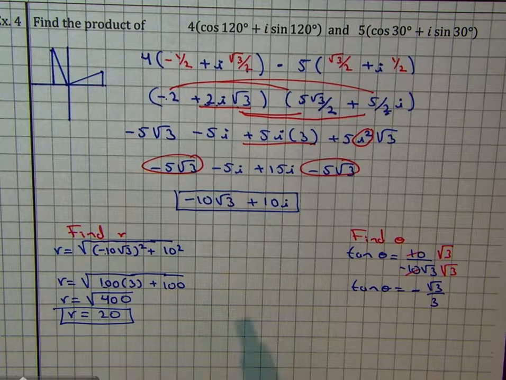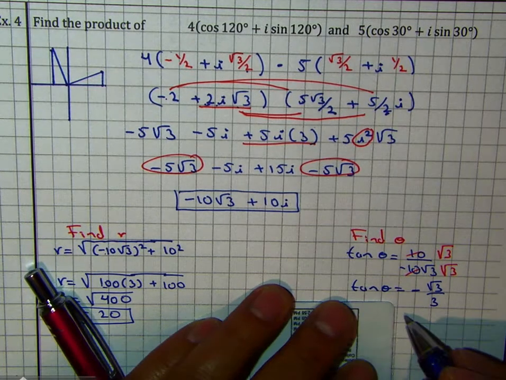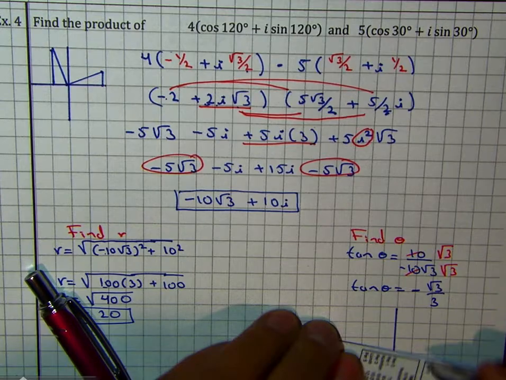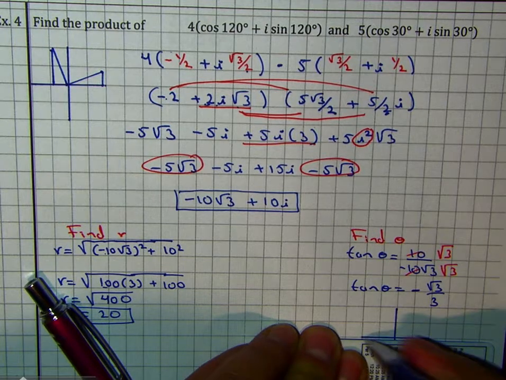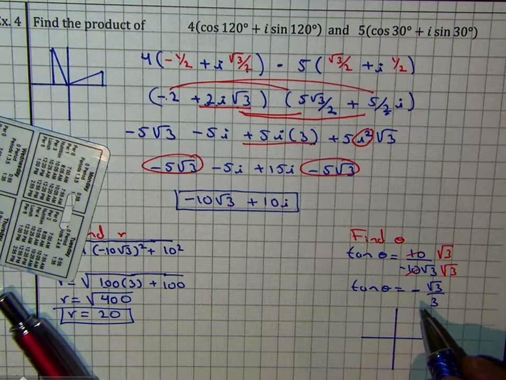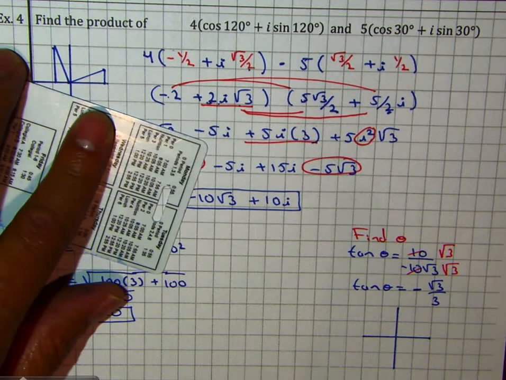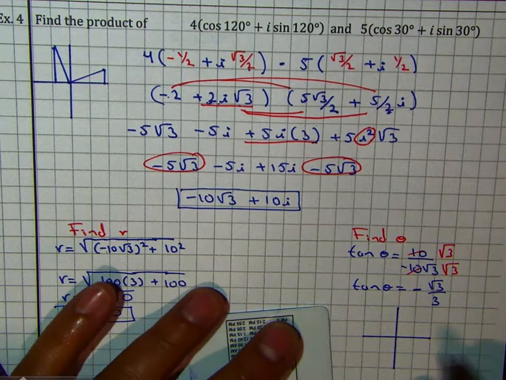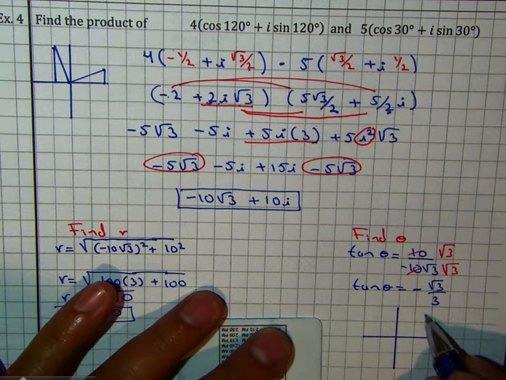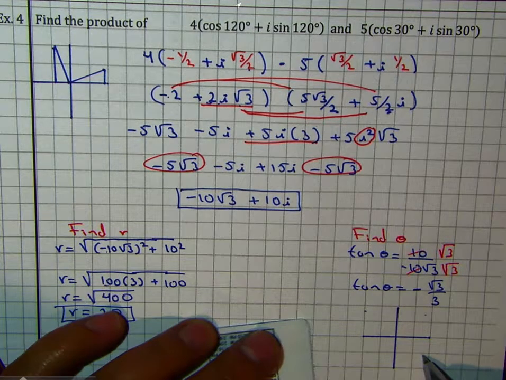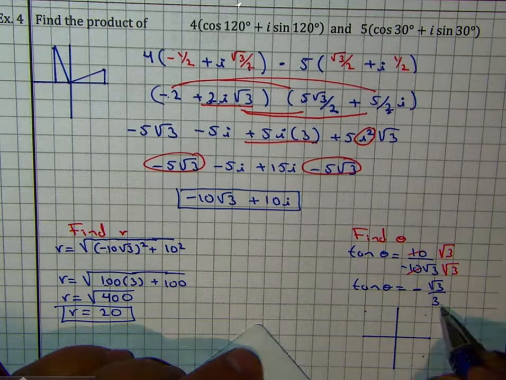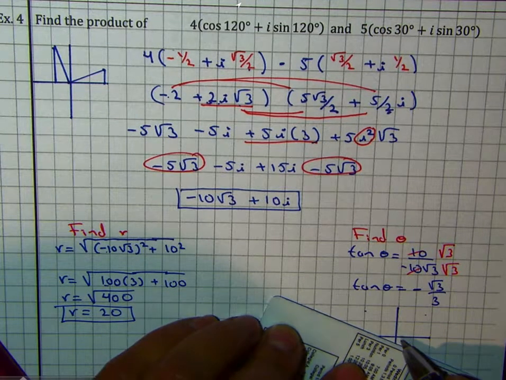I'm going to make an x and y axis. So let's say square root of 3 over 3 is one of the angles that we know. So therefore, that's negative, so it has to be in the second or the fourth quadrant for it to be negative. And square root of 3 over 3 is your 30-degree reference angle.